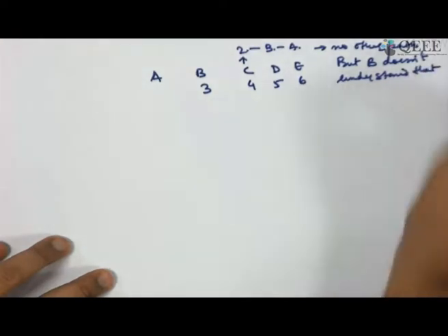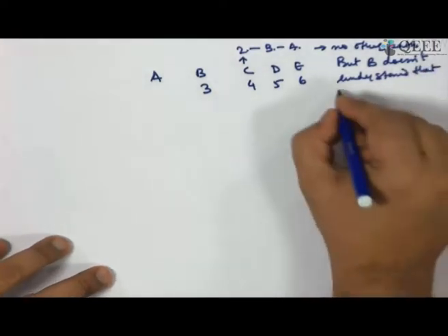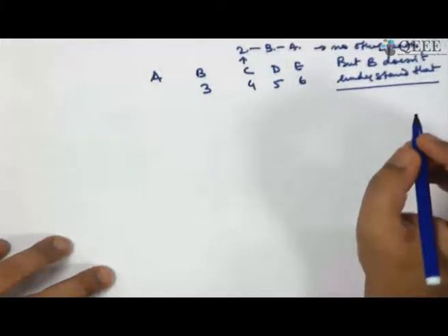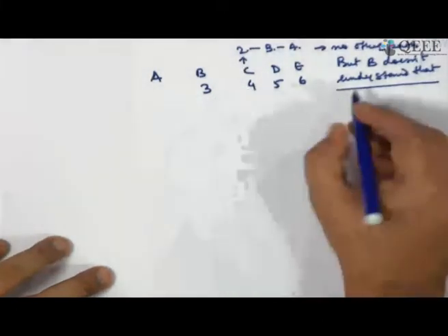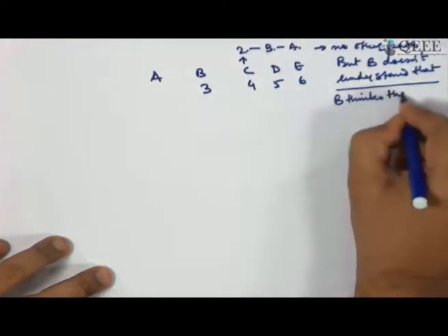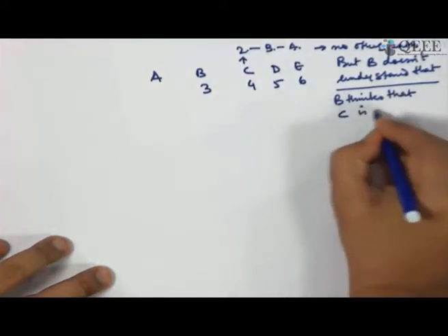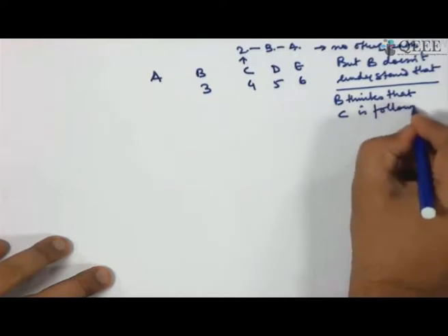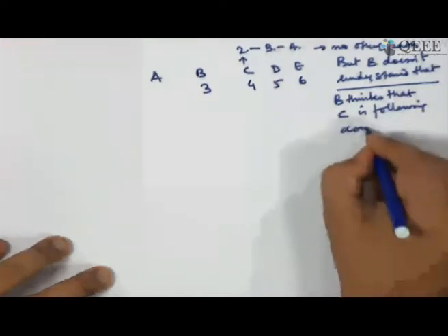B does not understand that. So, that is why B thinks that C is following some other path.